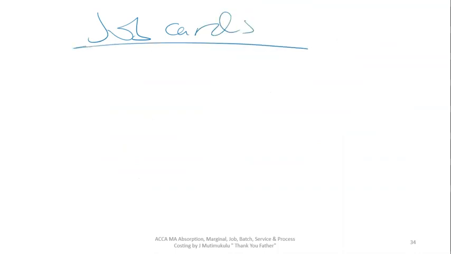When jobs are completed, job cards are transferred from the work in progress category to finished goods. When delivery is made to the customer, the cost becomes a cost of sale. Now, job cards exist in manual systems, and they are usually related to manual systems.